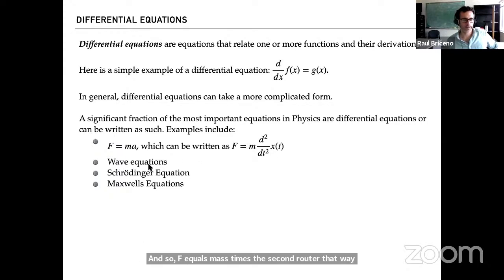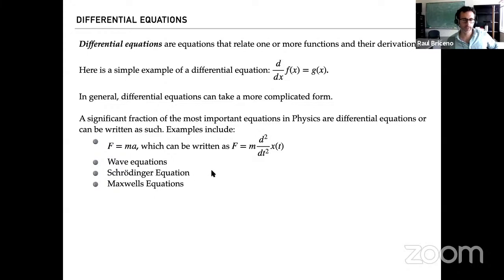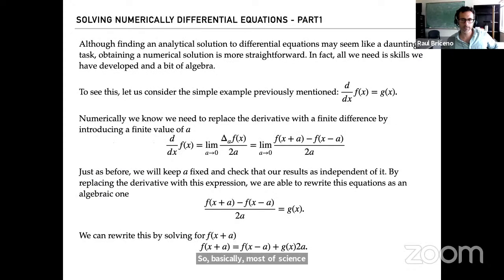Wave equations are also differential. Schrodinger's equation is a differential equation. Maxwell's equations can be written as differential or integral equations. So basically, most of science requires us to solve differential equations, and the rest of science requires us to solve integral equations.